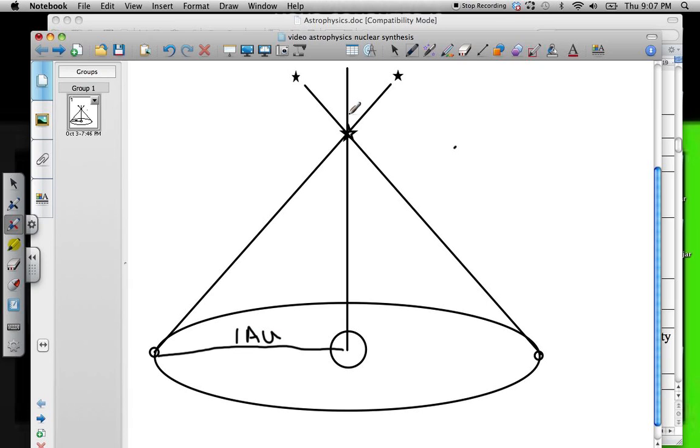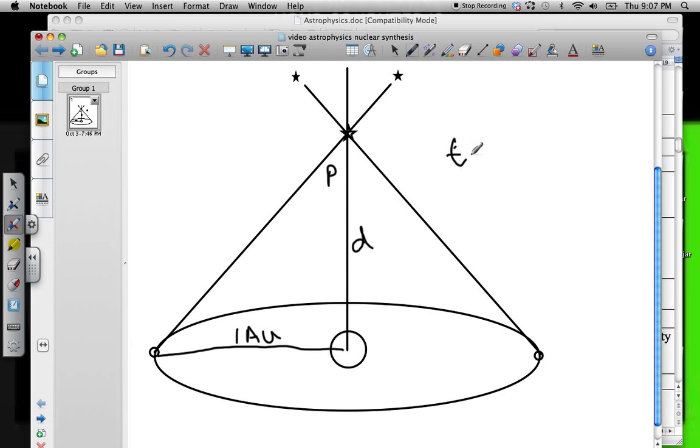And this deviation from setting up this triangle, they called P. This is the angle of deviation as the Earth orbits around the sun, or a parallax angle. Now, this distance here is the distance from the star to the sun.